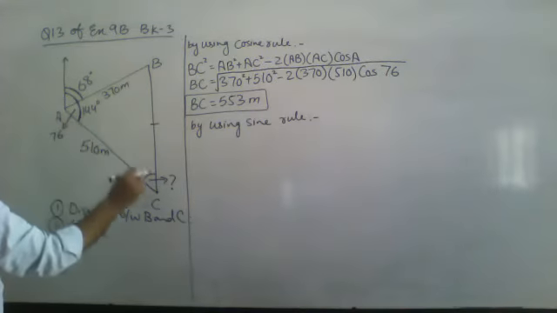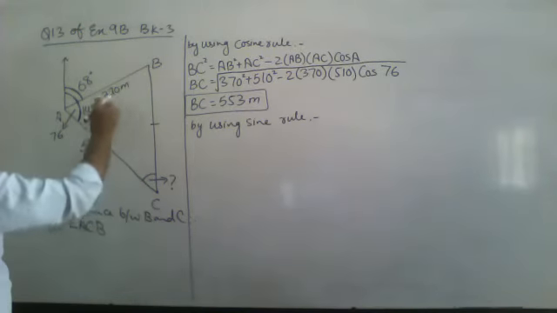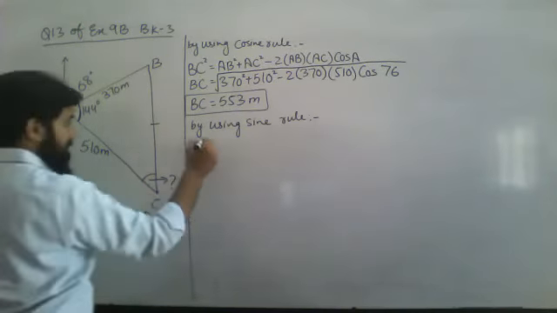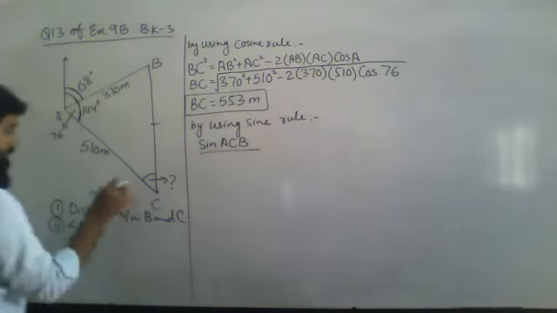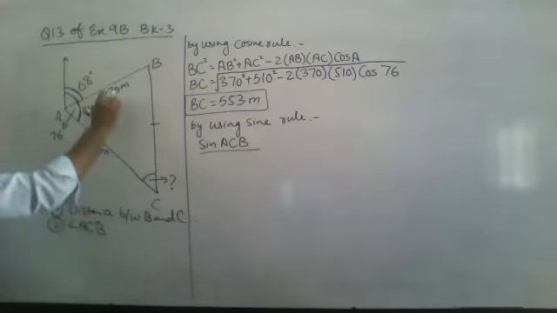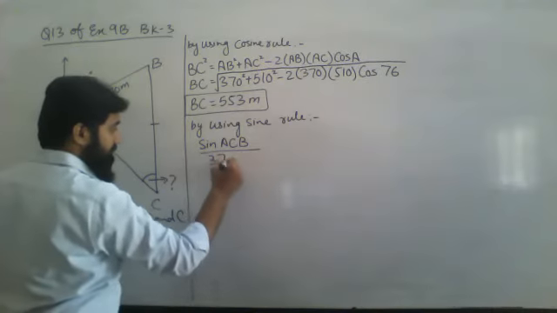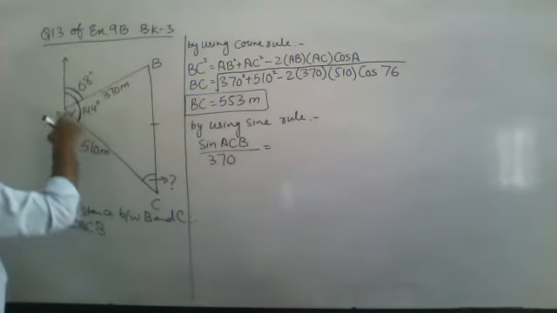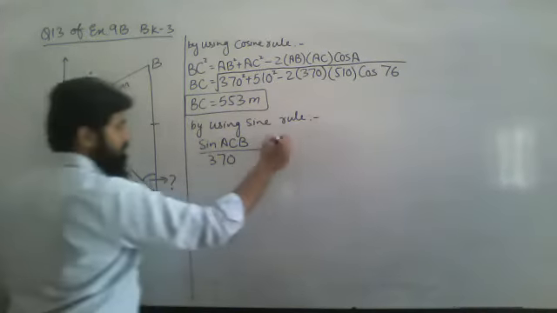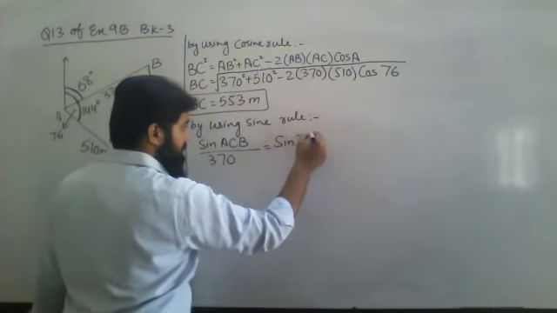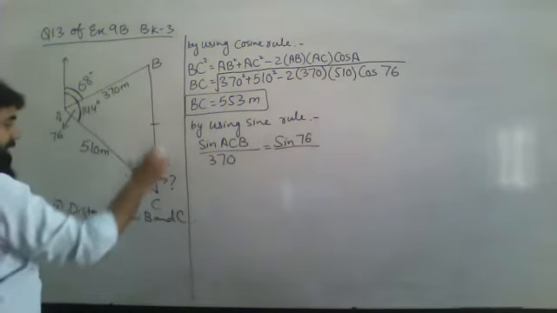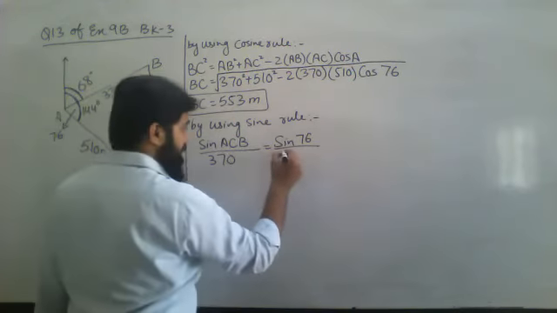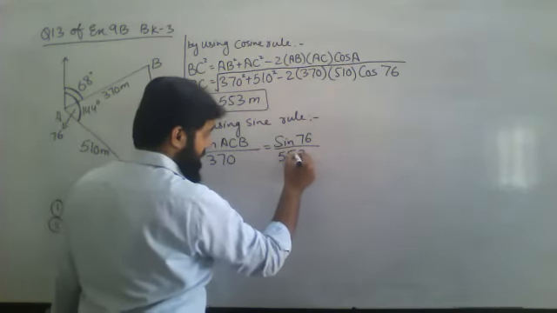The sine rule says that I have to find this one, sine of ACB, which is this one. Opposite to that is 370, equals to sine of this 76, and opposite to that is BC, which I have found over here, 553.